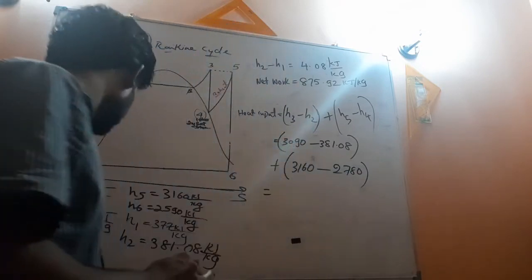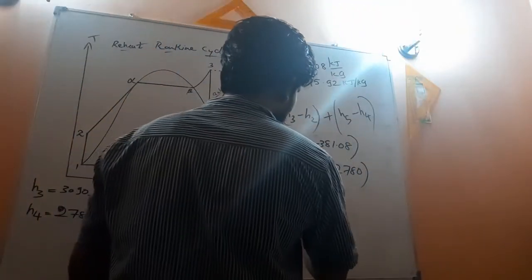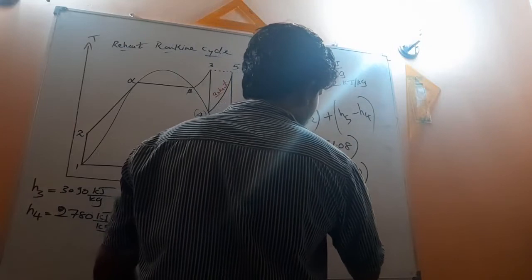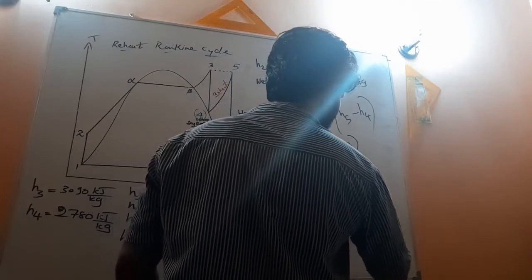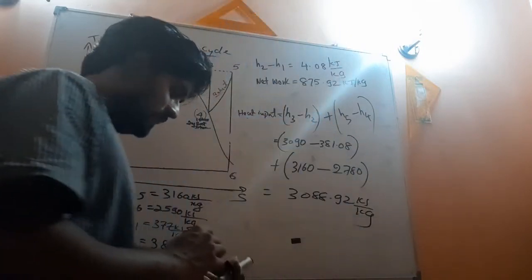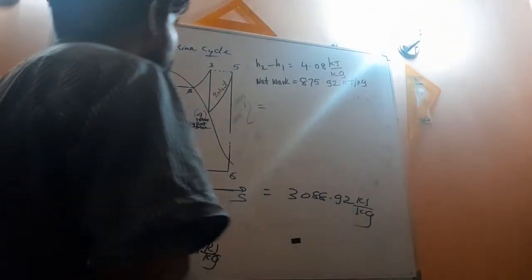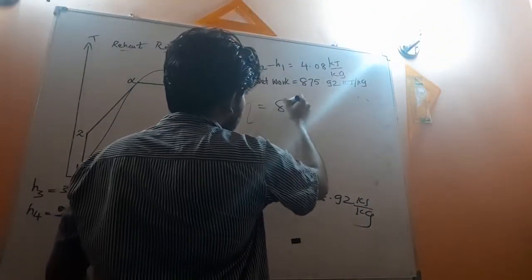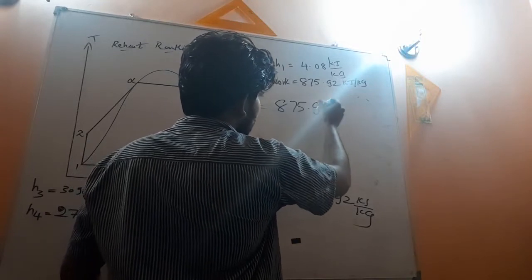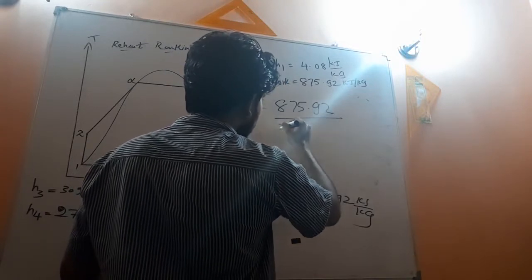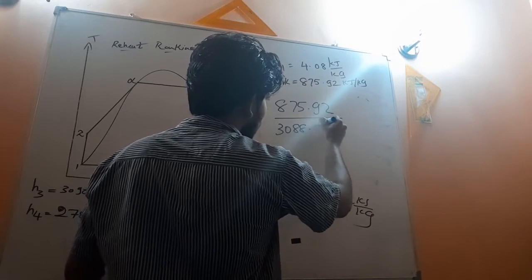What is the answer? 3088.92 kilojoules per kilogram. So that is the heat input. Eta will be 875.92 divided by 3088.92.